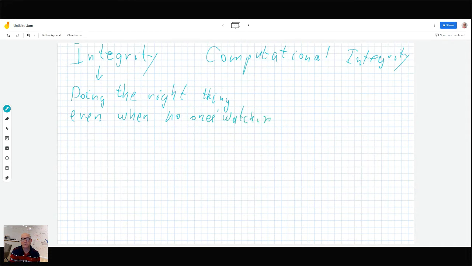And of course, this leaves open the question of what is the right thing and what is doing. But I think we all have a good informal and intuitive understanding of what it means to operate with integrity. And indeed, this phrase captures it pretty nicely.